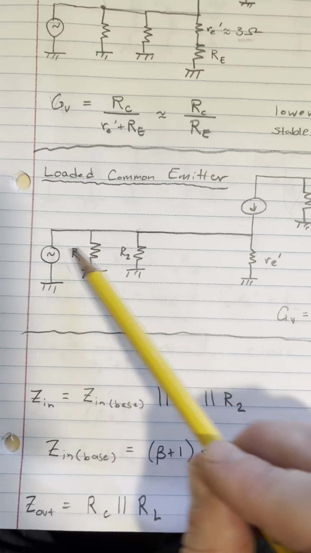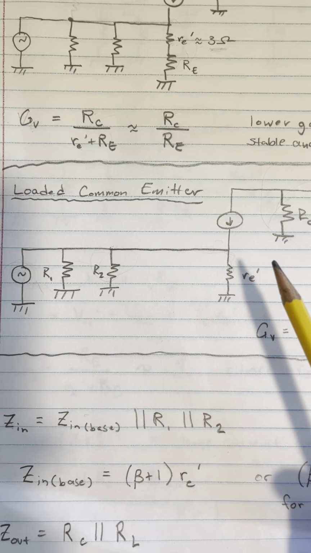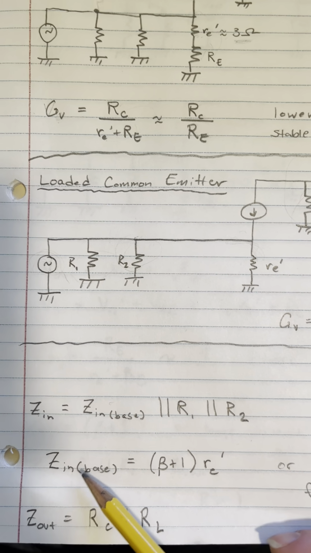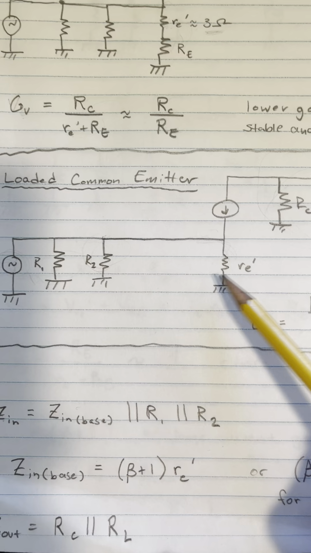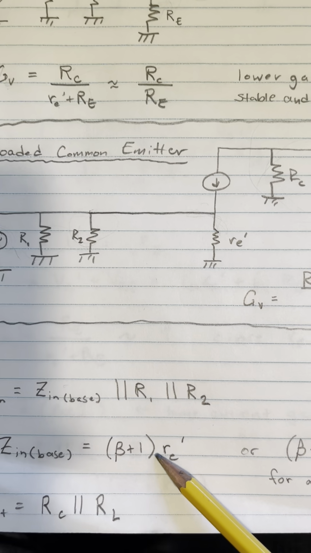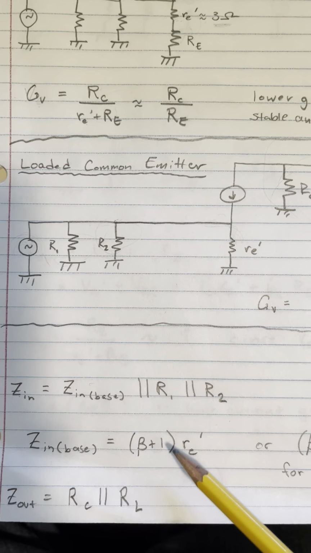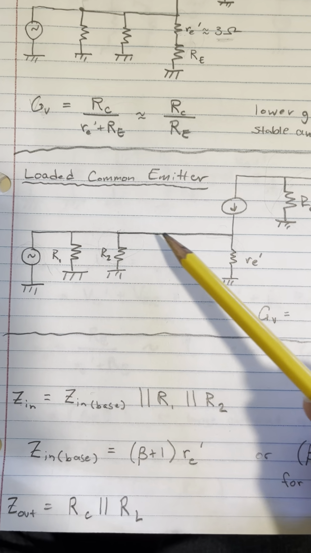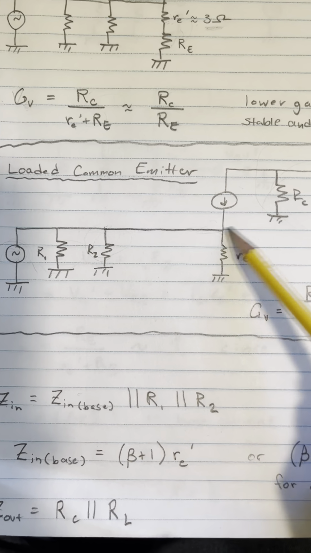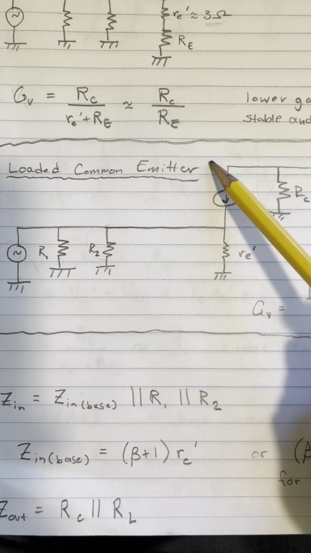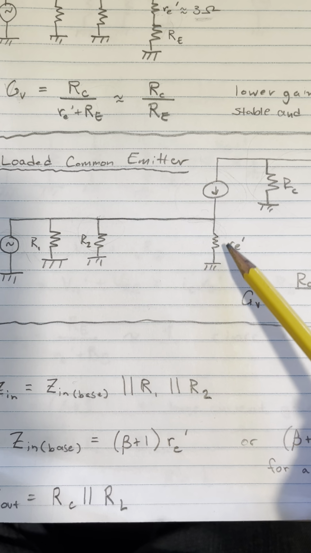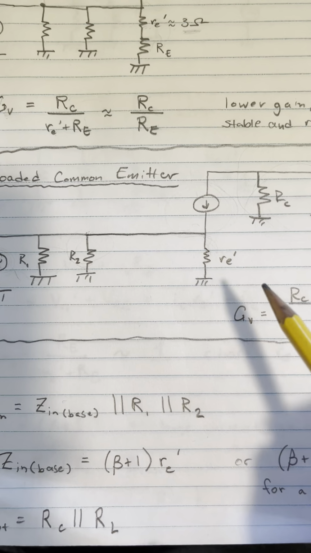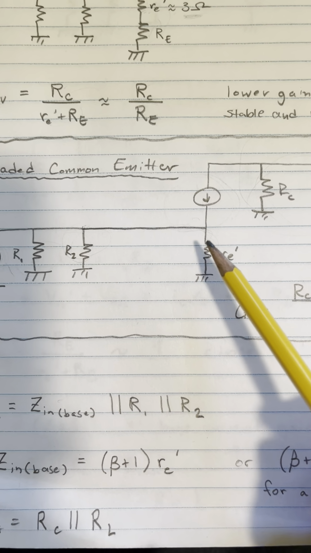Now, the parallel combination with R1 and R2 is fairly obvious. But now, what is the impedance of Z in base? So Z in base is equal to RE times beta plus 1. And the reason for this factor here is that whatever current this voltage supply pushes through the transistor is going to be multiplied by this factor of beta plus 1 going through R sub E, and that's going to effectively amplify the resistance.